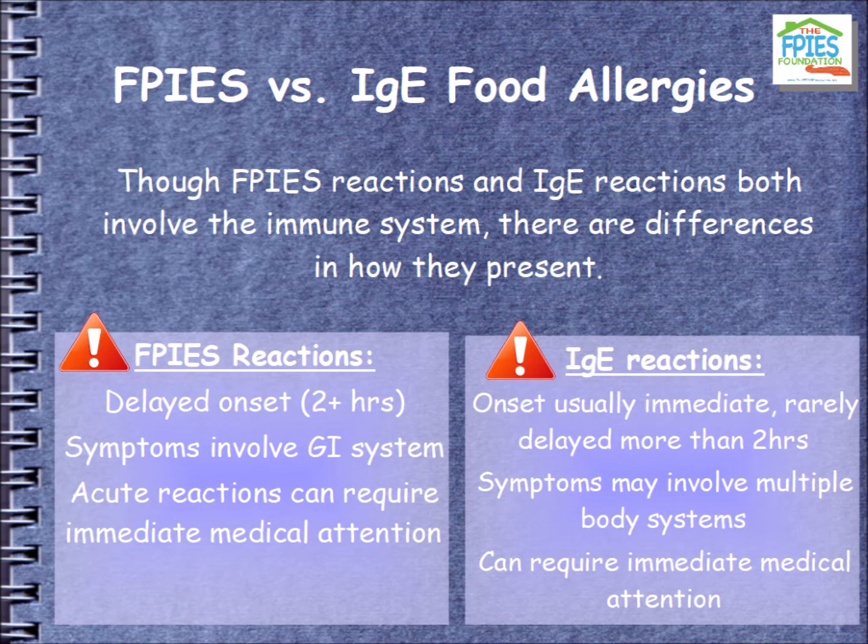So that's one of the differences between the two. Also, IgE reactions can require immediate medical attention when they become severe. As you may already be familiar with, IgE reactions can sometimes lead to anaphylaxis, so it's really important to have children get the care they need when they start to experience these reactions.